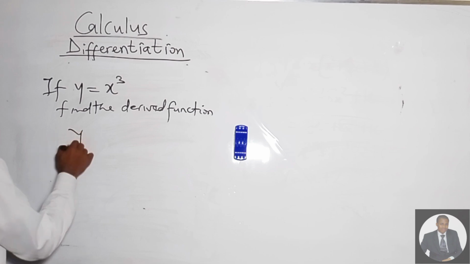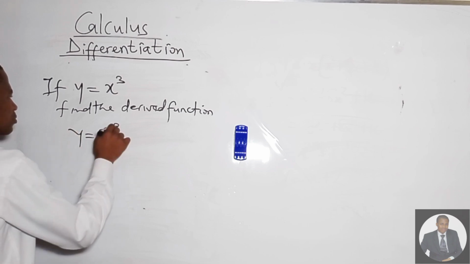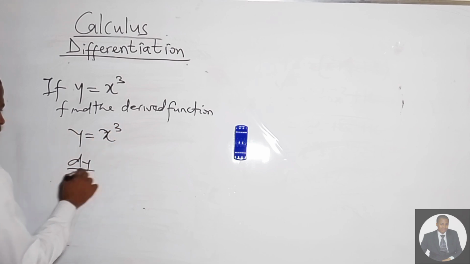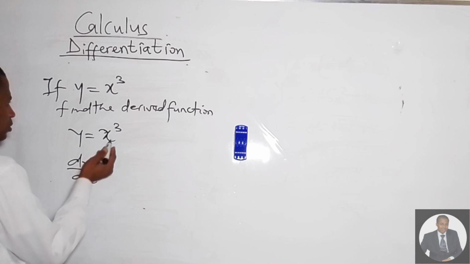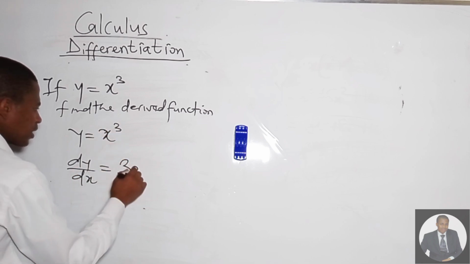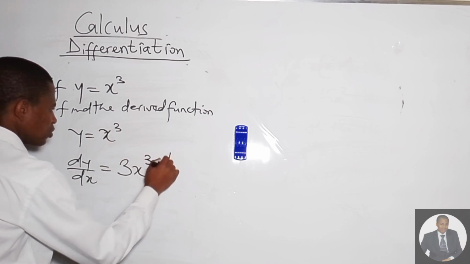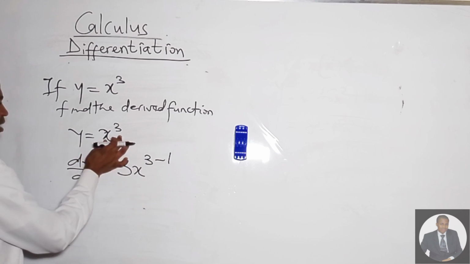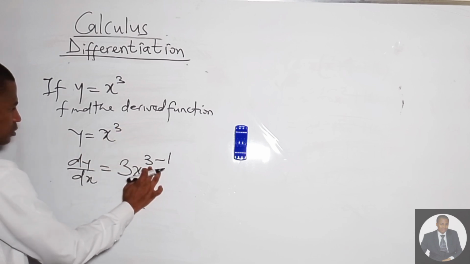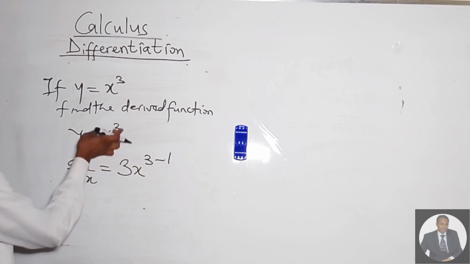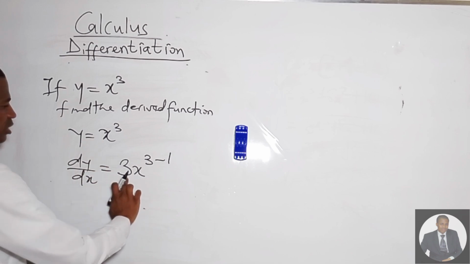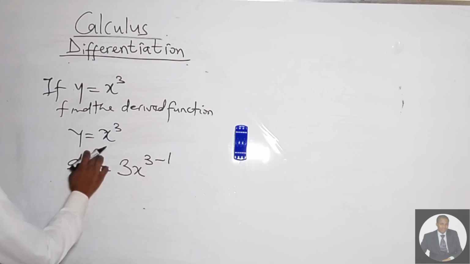So we say y is equal to x to the power of 3. So dy/dx will be 3x^(3-1). We put the x raised to the power 3, then we bring the exponent down as a coefficient, then we take away 1 from it.